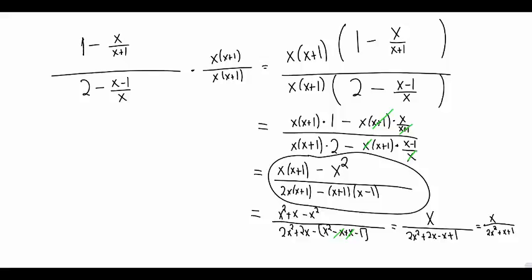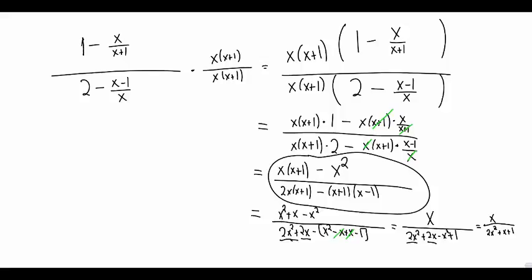Let's fix something here. There was a mistake in the denominator. You have 2x squared plus 2x, and then this should be minus x squared plus 1.